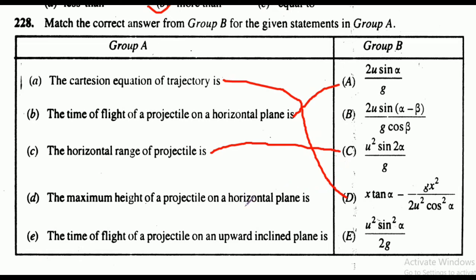Next statement is maximum height of a projectile on a horizontal plane is. Here friends, option E is the correct answer, that is u square sine square alpha upon 2g. Next is the time of flight of a projectile on an upward inclined plane is. Here friends, option B is the correct answer, that is 2u sine into bracket alpha minus beta upon g cos beta.